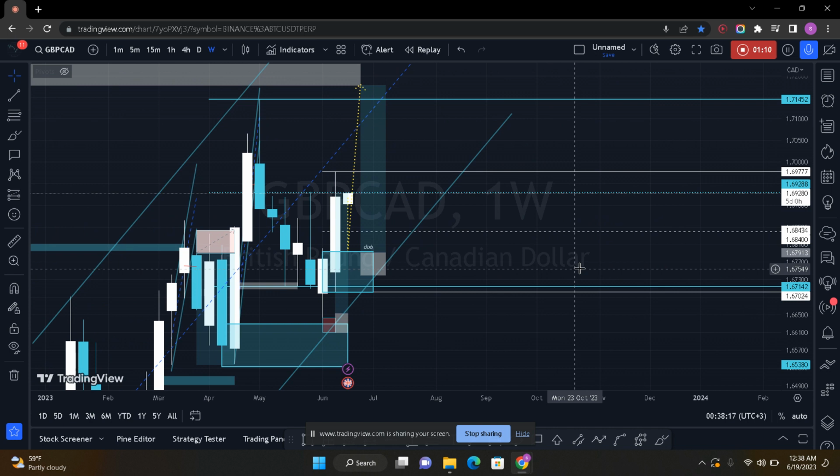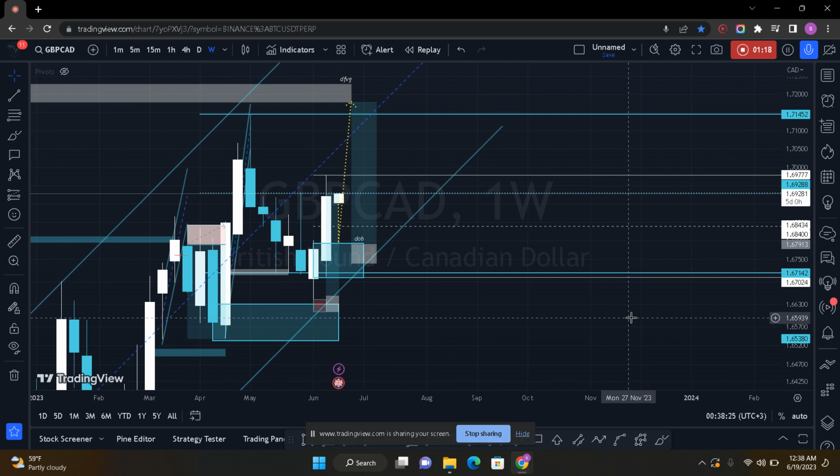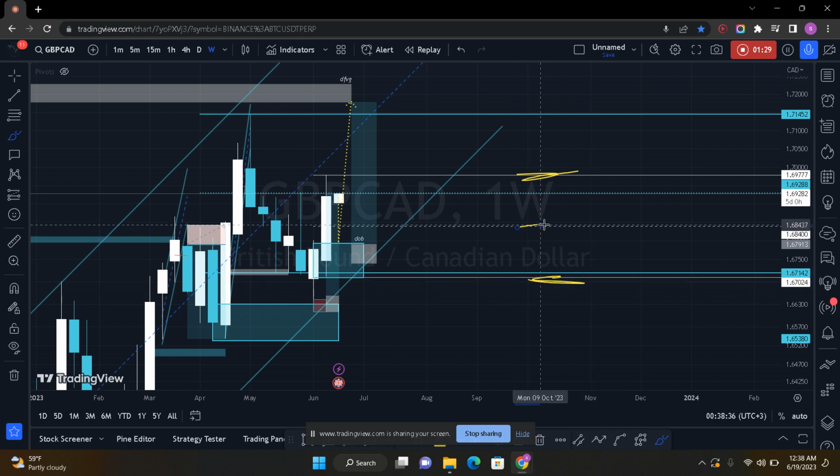These levels help me in top-down analysis to have higher time frame bias and also lower time frame confluences. For the weekly, I have this white horizontal ray as the high, this one as the low, and this dotted yellow line as the mid-range.